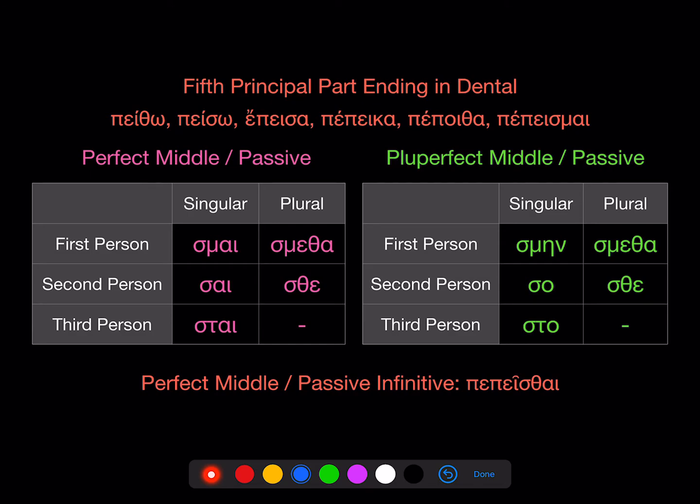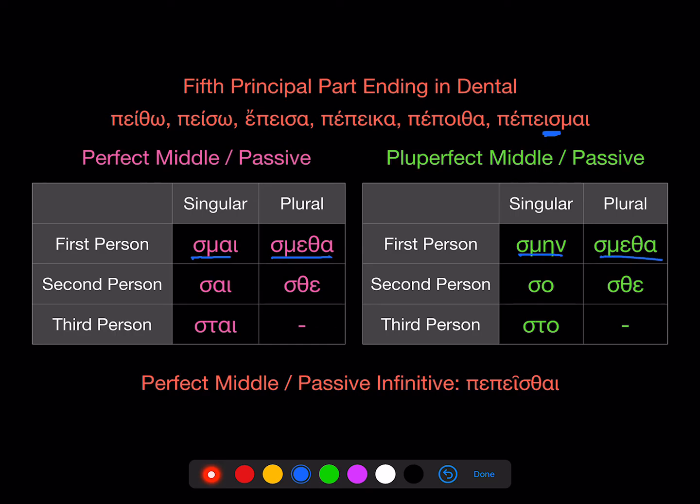All right, finally, let's talk about what happens if the fifth principal part stem ends in a dental. You're going to see a sigma there before the mai in the fifth principal part. And you're going to see sigma before all the endings that begin with a mu. So smai, smetha, smena, smetha again.